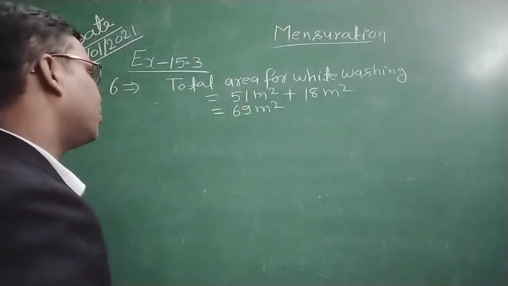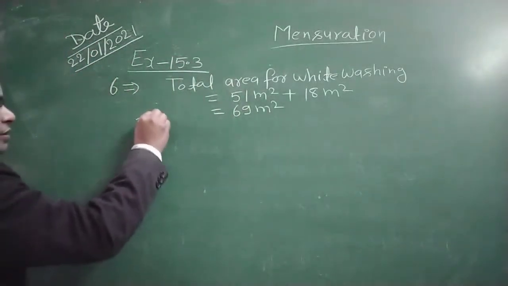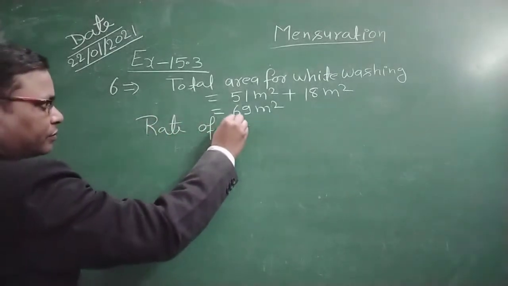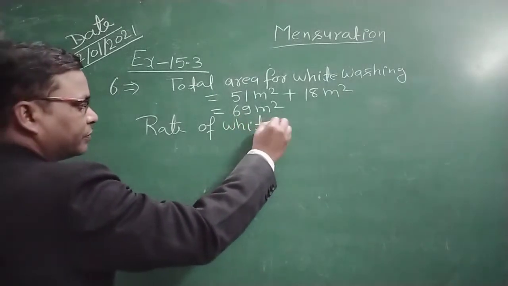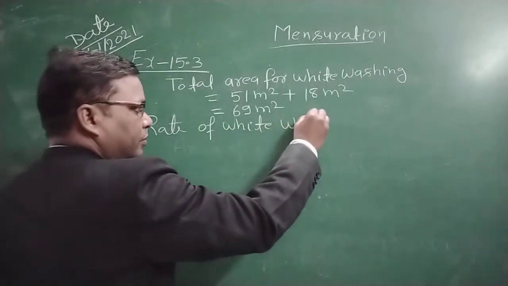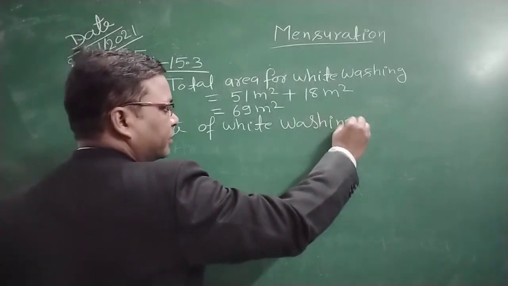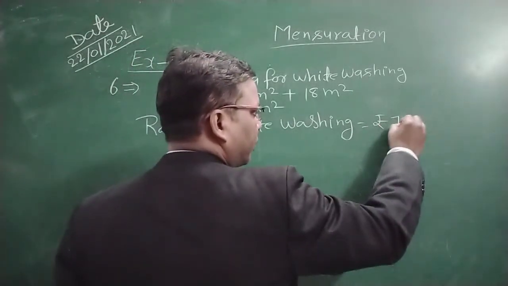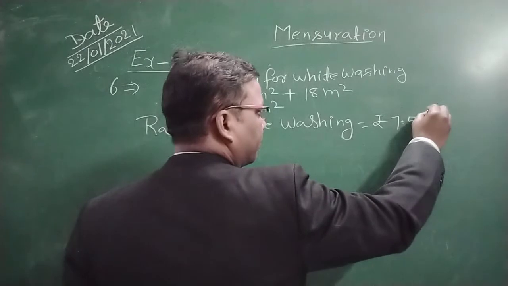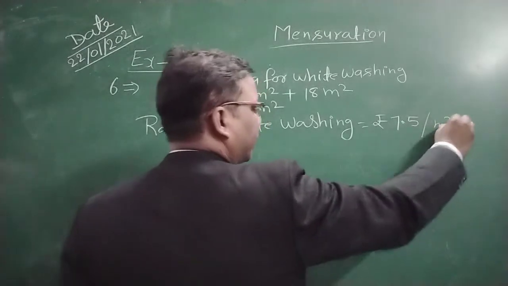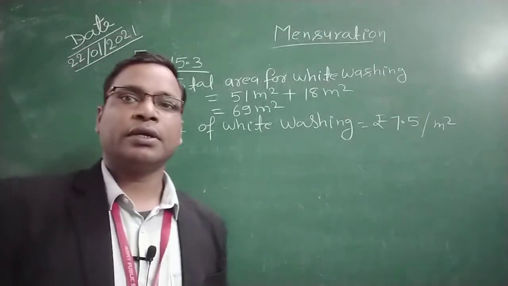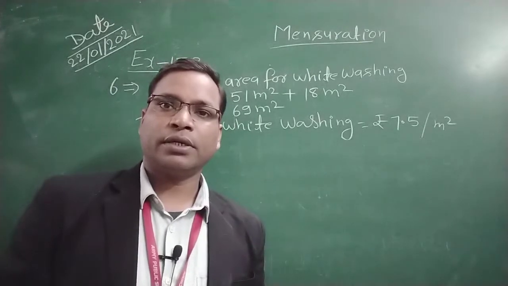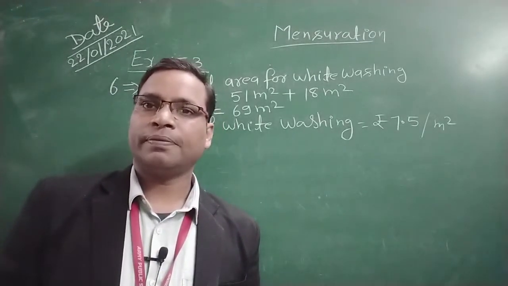And here what else is given? The rate of whitewashing is given here, rupees 7.5 per meter square.